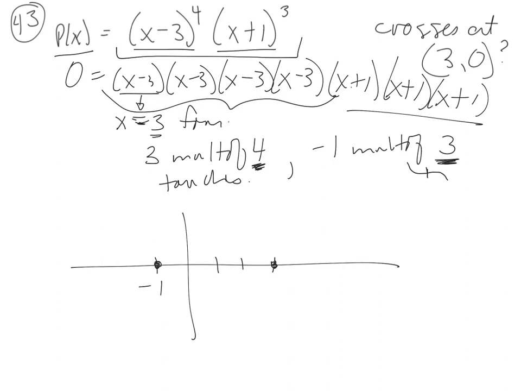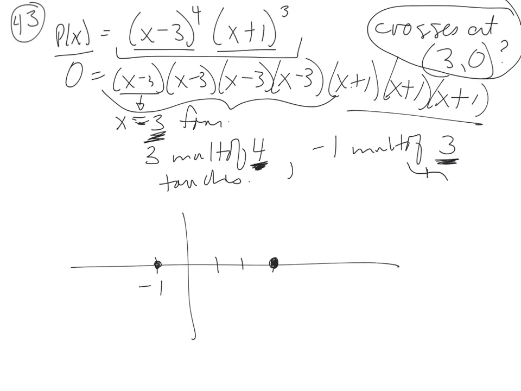They ask, does the graph cross at that point? Well, yes, x equals 3, and this point 3, 0 right here, it is an x-intercept, but because the multiplicity is 4, the graph would just come down and touch at that point.